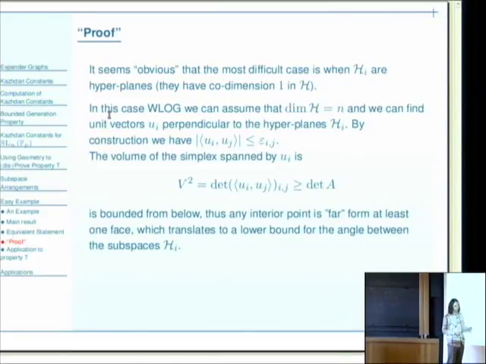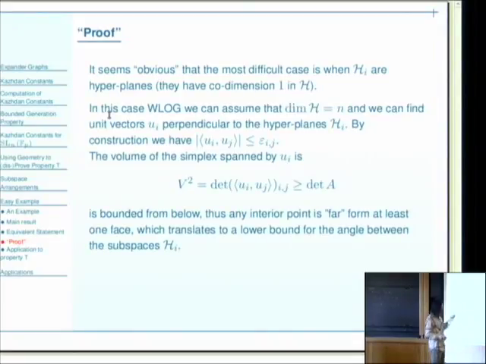This is exactly this matrix. The determinant of this matrix gives you the volume of the simplex. You have an upper bound for the surface area of the simplex, because everything is unit. Therefore, if you take a point in the interior of the simplex, it has to be far from at least one of the sides. And you can quantify this if you want. So this is the idea.